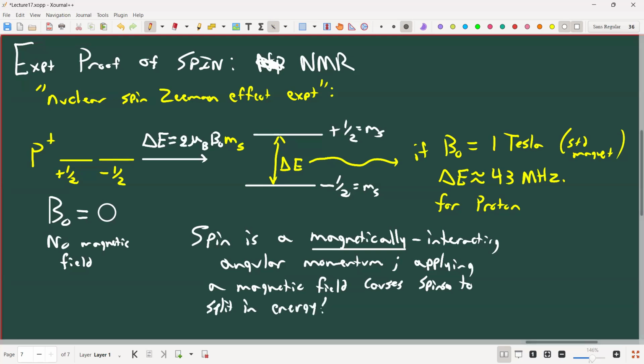That's the basis of NMR. I mean, there are many other techniques that use this as well, but NMR is probably the most common example. We use the Zeeman effect, the fact that spins interact with the magnetic field with respect to their projection number, plus or minus 1/2, and they do so in a linear way for the Zeeman. It's been known for almost 100 years now, and of course we use it not only in chemistry, but in medicine too, right? MRI is based on this concept as well.